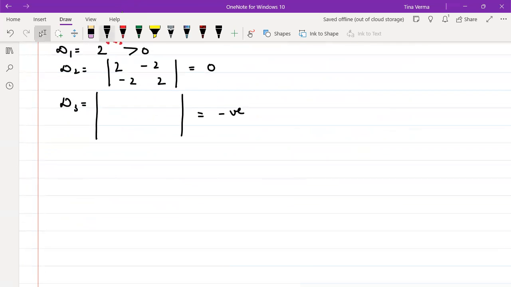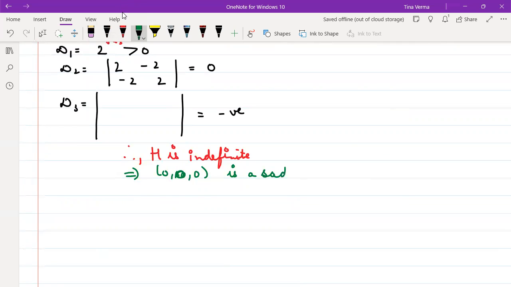Therefore H is indefinite, which implies the point (0, 0, 0), which we have obtained as the stationary point, is a saddle point. Here your function is neither maximum nor minimum.